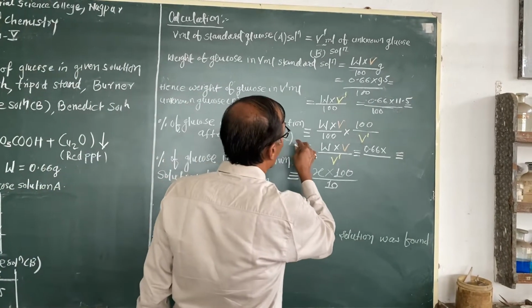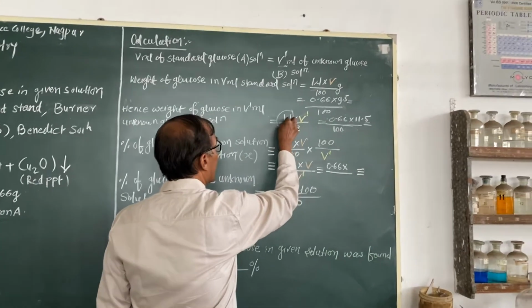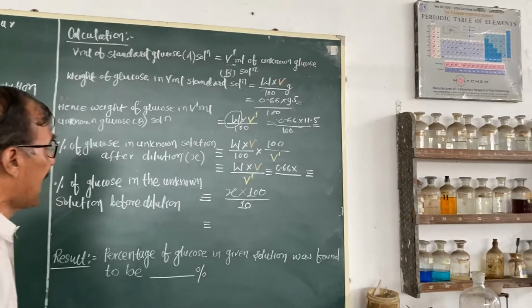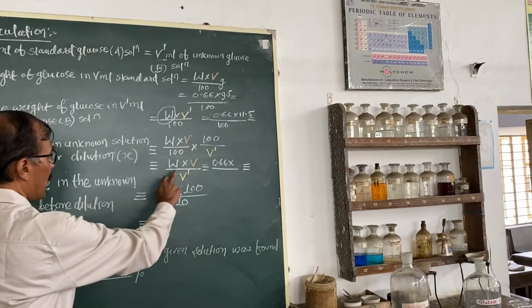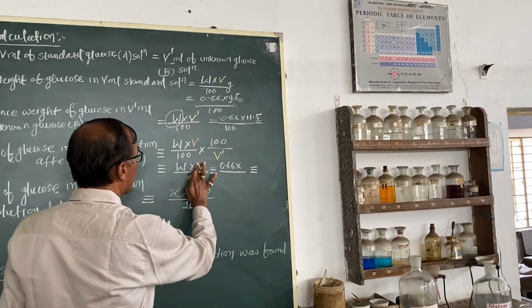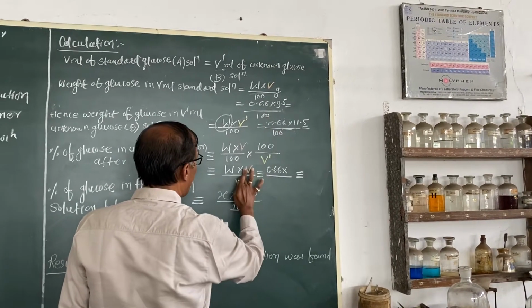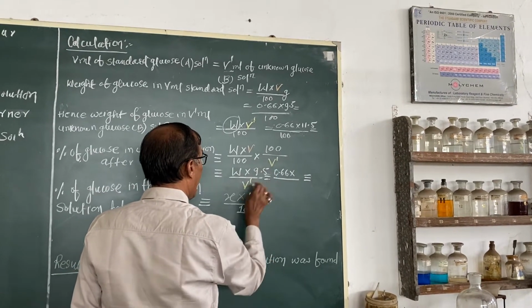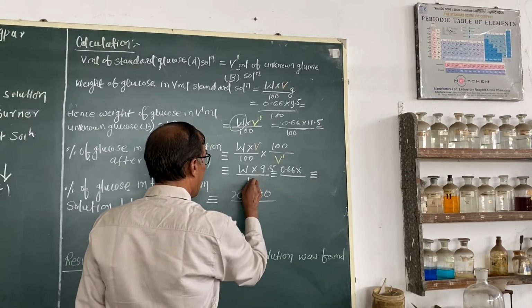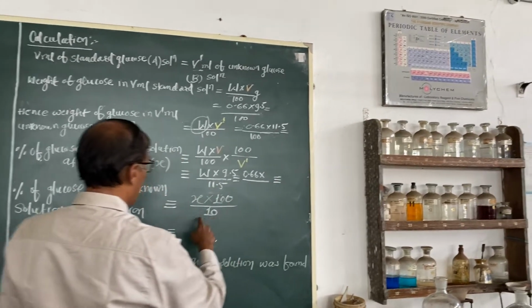Here we have to calculate this weight W. So after putting the values, V equals 9.5 and V dash equals 11.5.